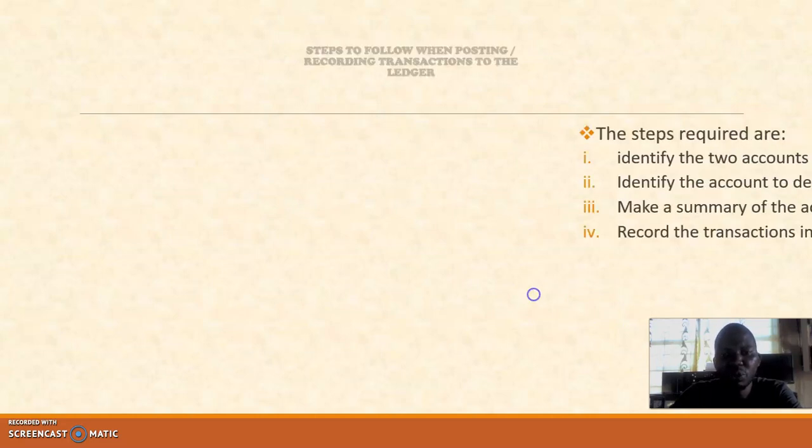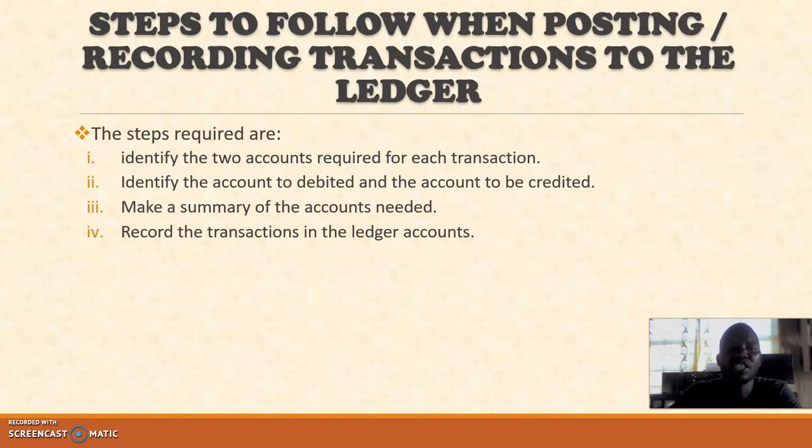Now, having looked at the rules, let's quickly look at the steps that we can follow when posting or recording transactions to the ledger. The following 4 steps can be used quickly to record transactions in the ledger accounts. Whenever you're given any transaction, you should first identify the 2 accounts required for each transaction.